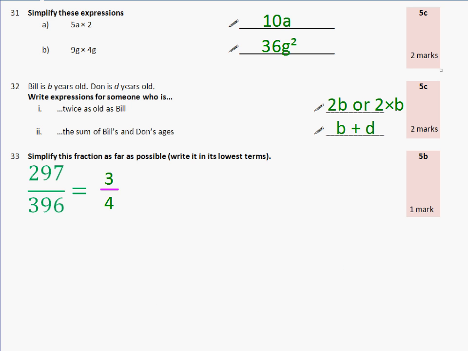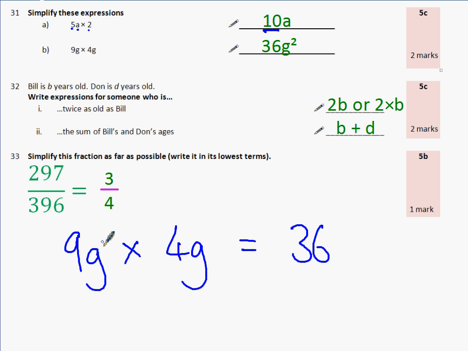Okay, that was probably very straightforward. If you're happy with that, then the simple way to remember it is to multiply the numbers together. That gives you 10, and then multiply it by whatever variables you've got. So we can apply that here. 9g times 4g: times the numbers together, the coefficients, and you get 36. Where's that from? 9 times 4. Yes, 36.